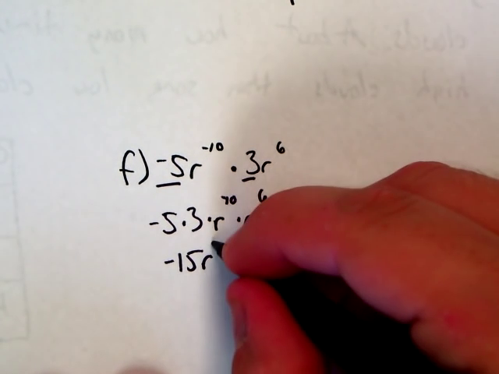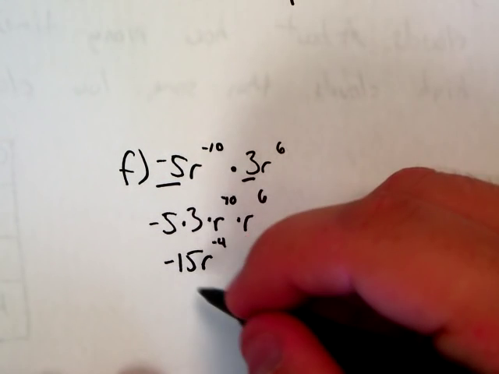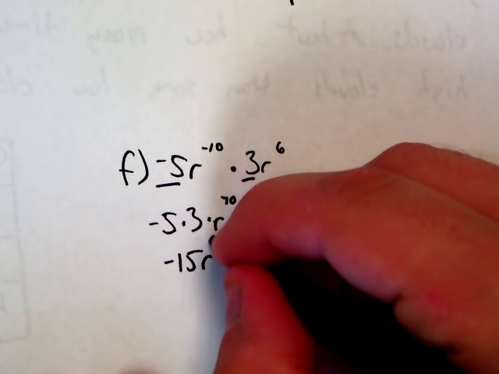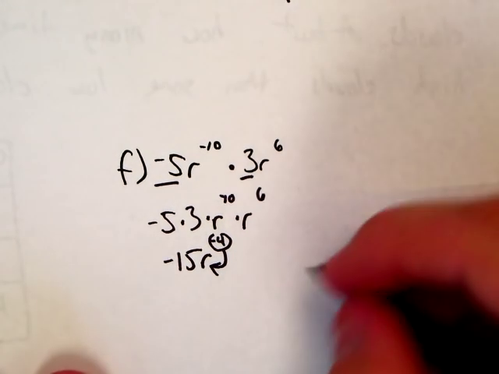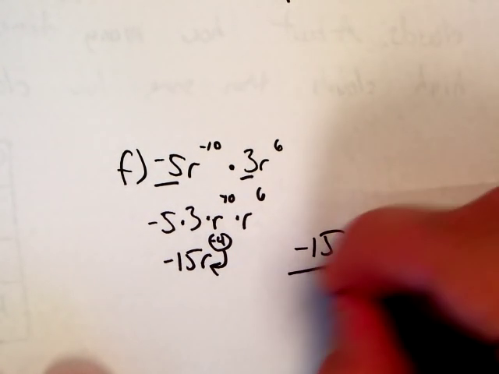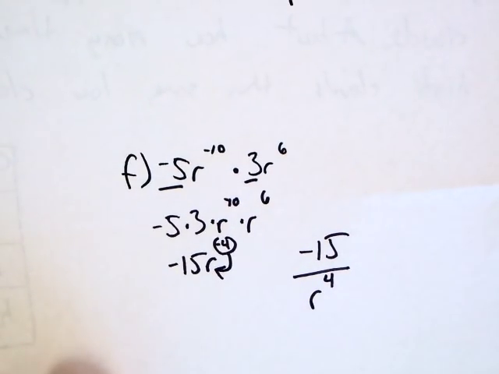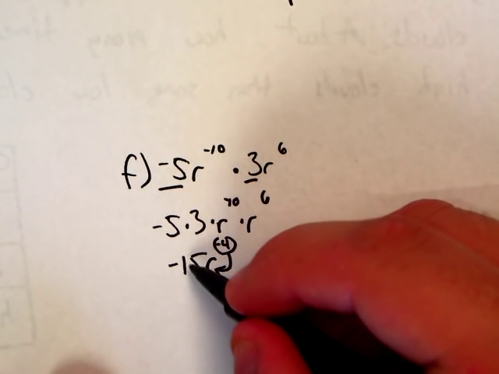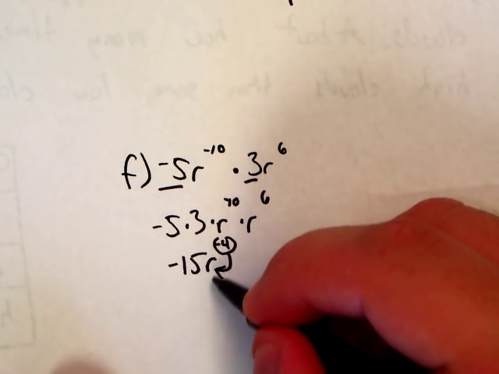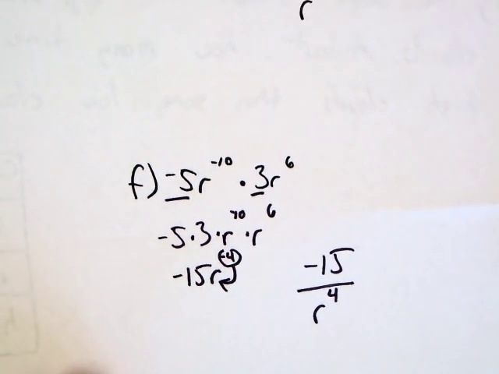Negative 10 plus 6 is negative 4. I need to rewrite this using a positive exponent. Remember, this exponent only goes with the variable, only goes with the base. So it's negative 15 over r to the 4th. We do the exponent and then the multiplication. This is negative 15 times r to the negative 4th.